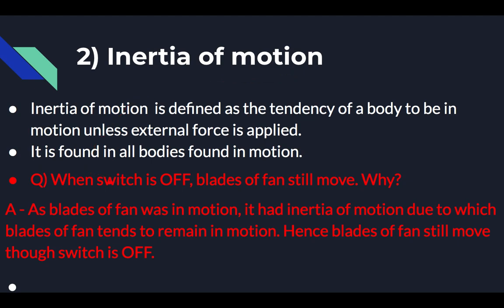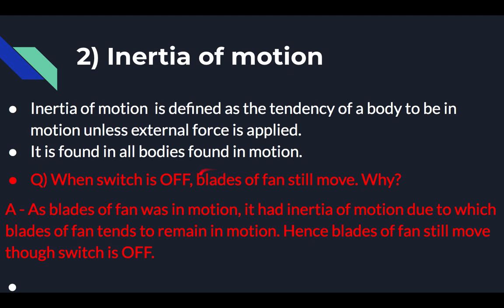So here is one example I want to discuss. You know that your fan is moving, and whenever you switch it off, what happens? The blades of the fan still move. Why? This is the question. Though you have already switched off, the blades of the fan are still moving. Now here the fan is moving, and as we said before, all moving bodies have inertia of motion, which means the fan also has inertia of motion.